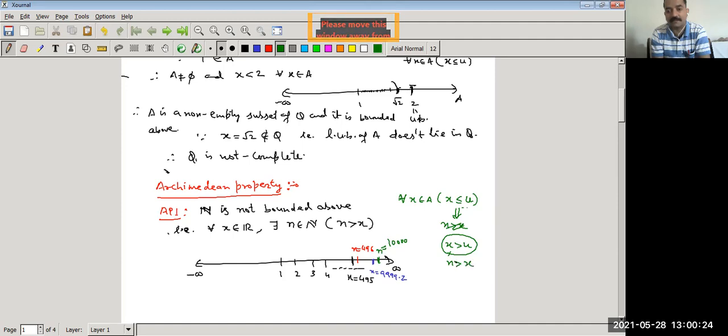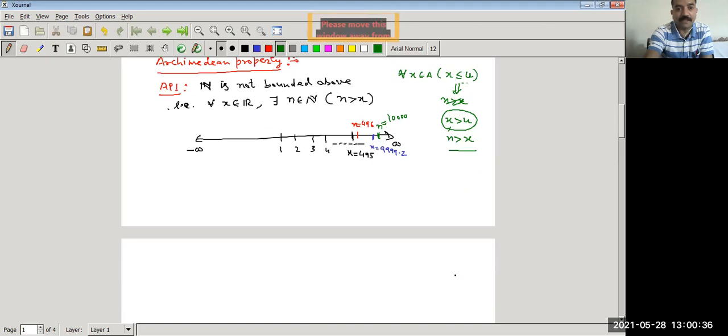If we take x to be any real number, then there exists a natural number corresponding to this real number which is greater than x. So we are not able to find the upper bound of this set. So N is not bounded above. This is the Archimedean property first.